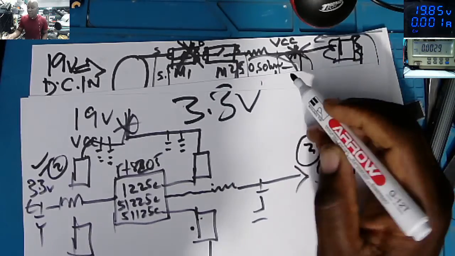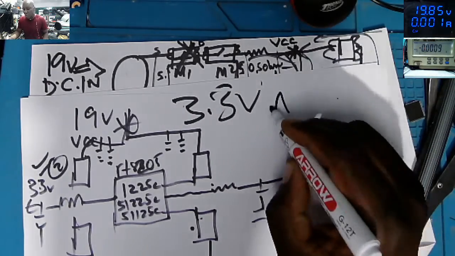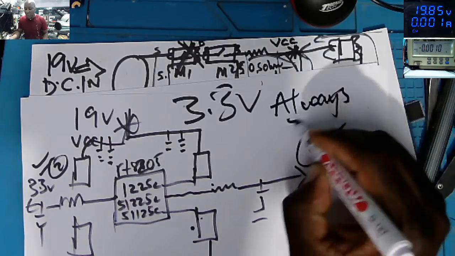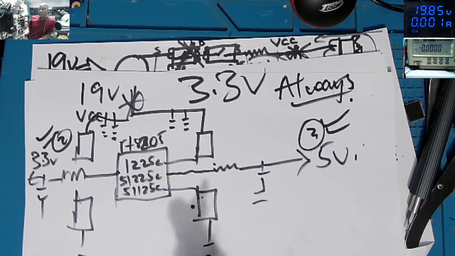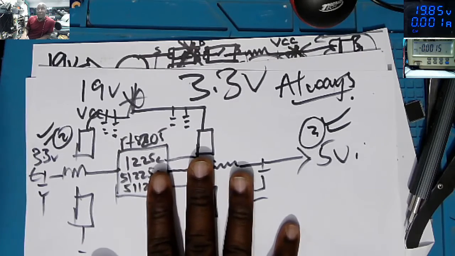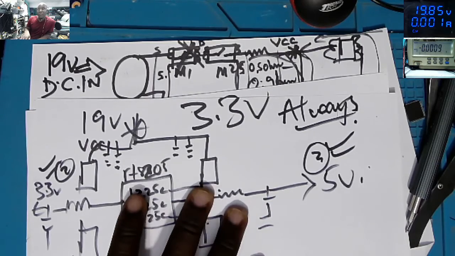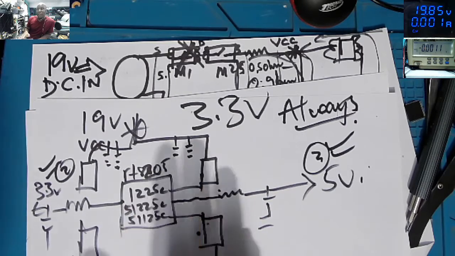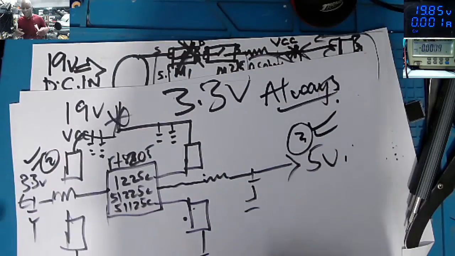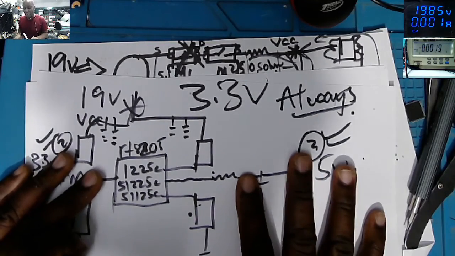Because this 3.3 volts is always on, even if the laptop is off. There is voltage there. So 99% of the problems, trust me, 99% of the problems are from this power supply.